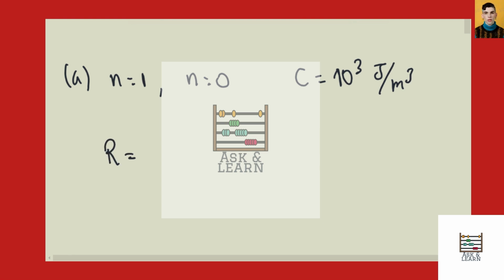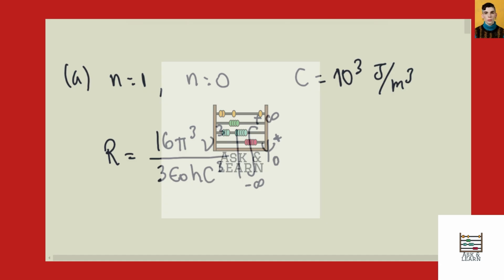So we will have that the rate is equal to 16 times pi to the 3 times the frequency to the 3, divided by 3 times epsilon sub 0 times Planck's constant times the speed of light to the 3, times the absolute value of the integral from minus infinity to positive infinity of the conjugate of the wave function at the first state times the charge times x times the wave function in the second state, n equals 1, integrated over x.